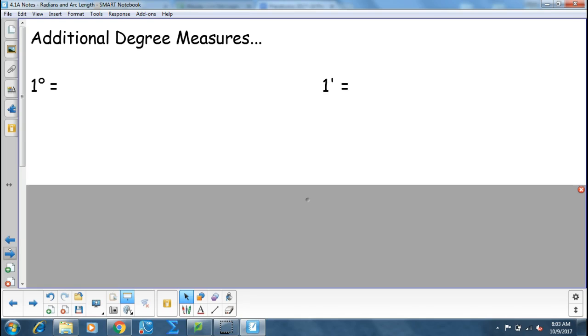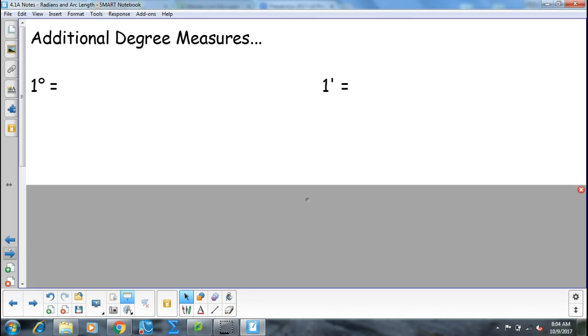Or around a point, there's 360 degrees, okay? A couple other additional measures, because degrees can also have some subcategories, if you will, to them, which is another reason why I don't like them. Radians, they're just radians, and I like radians, okay? But degrees have all of these subcategories in them too. And what they're called is degrees, minutes, and seconds, okay?